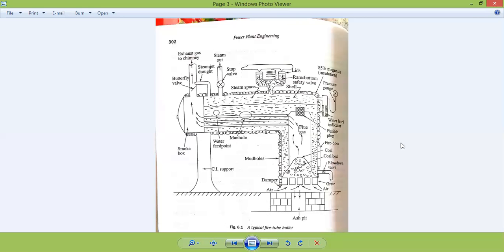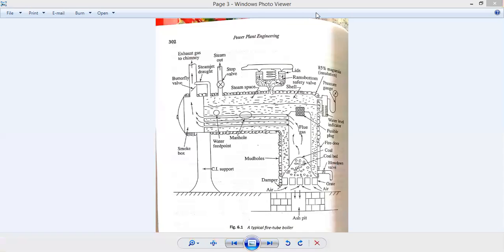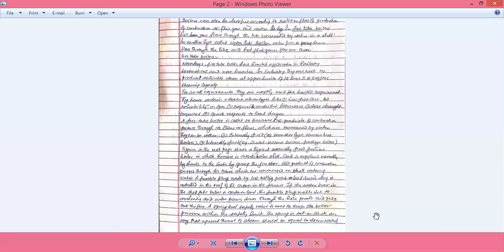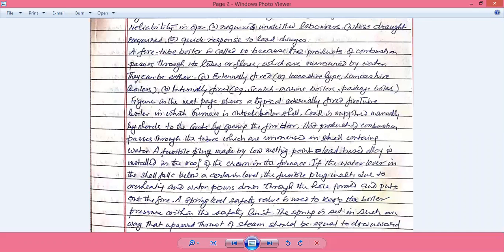Now what we have is, let us go back to the original one. Now, we have in the figure an externally fired fire tube boiler in which the furnace is outside the boiler shell.